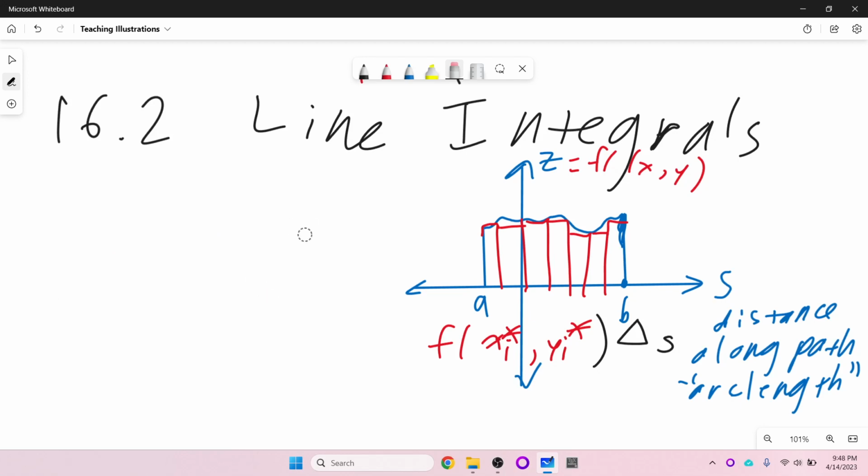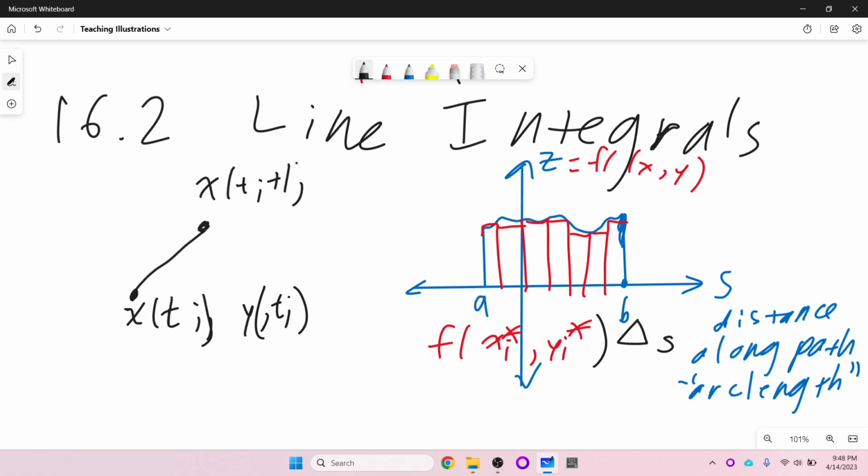Sorry, let me try that again. We'll have a point here along the path that is x of ti and y of ti. We'd plug in the endpoints, and the next point would be x of ti plus 1 and y of ti plus 1.